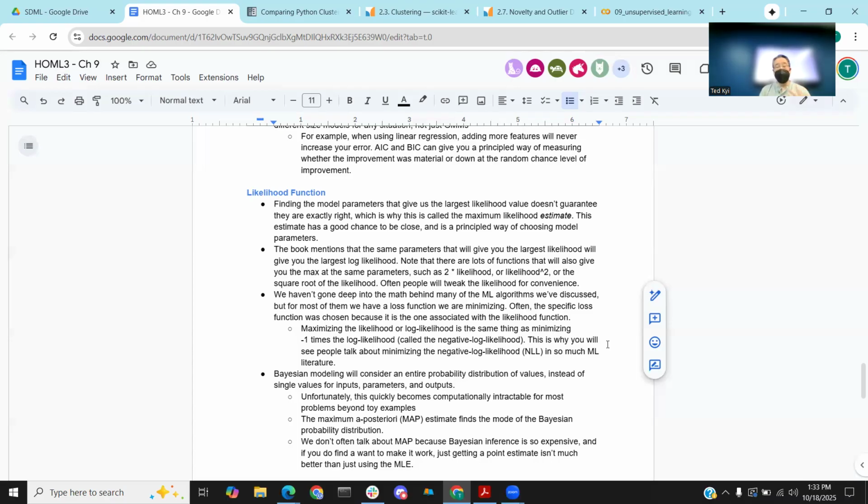There are some really wonderful properties if you do Bayesian modeling, where instead of treating this as a single parameter, like my parameter is 0.2, we just have a probability distribution. You treat everything as a random variable, with a probability distribution for your inputs, your parameters, and your outputs. But the computational complexity of treating everything, instead of as a single floating point number, as an entire probability distribution, gets intractable very rapidly.